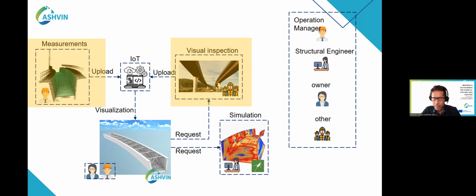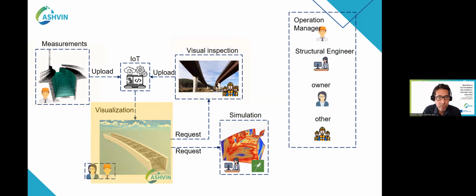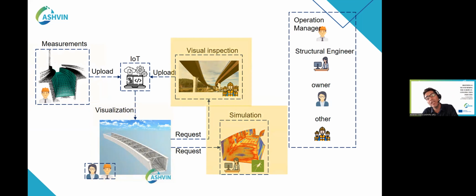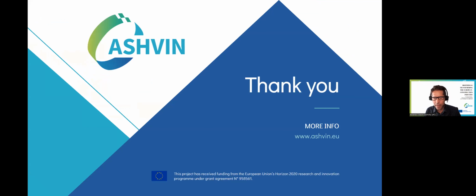Then stakeholders can visualize information in the digital twin platform, and with these performance indicators assessed, they can either request back simulations or visual inspections to then continue with the loop, and eventually perform this decision making in a more informed way. So that is my part for the demos in Spain. I hope it is clearer now, and thank you very much for your attention.